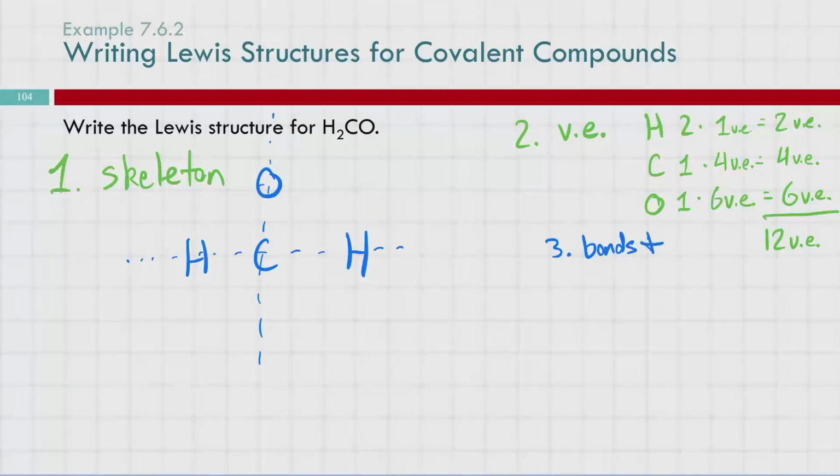Step 3, we're doing our bonds and lone pairs. We need to get everything connected. Go ahead and think to yourself or work by yourself to figure out the best way to connect these so that everything's all hooked up.